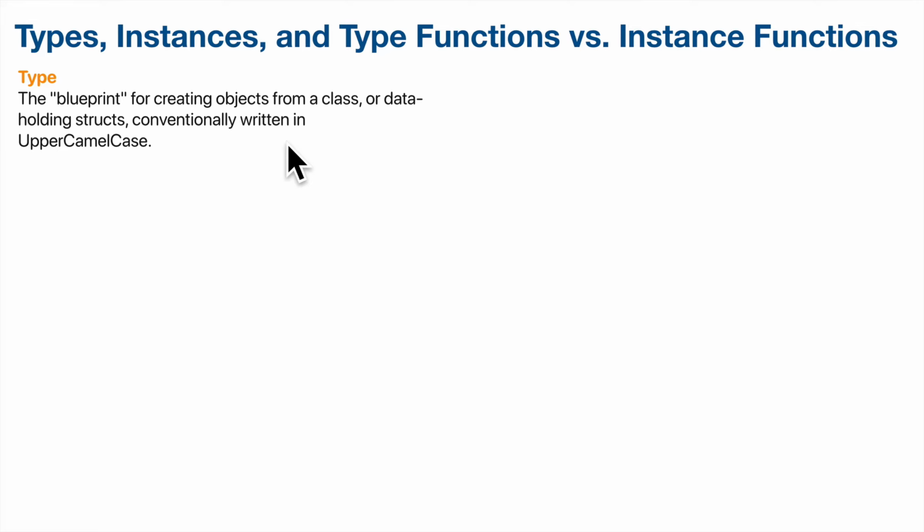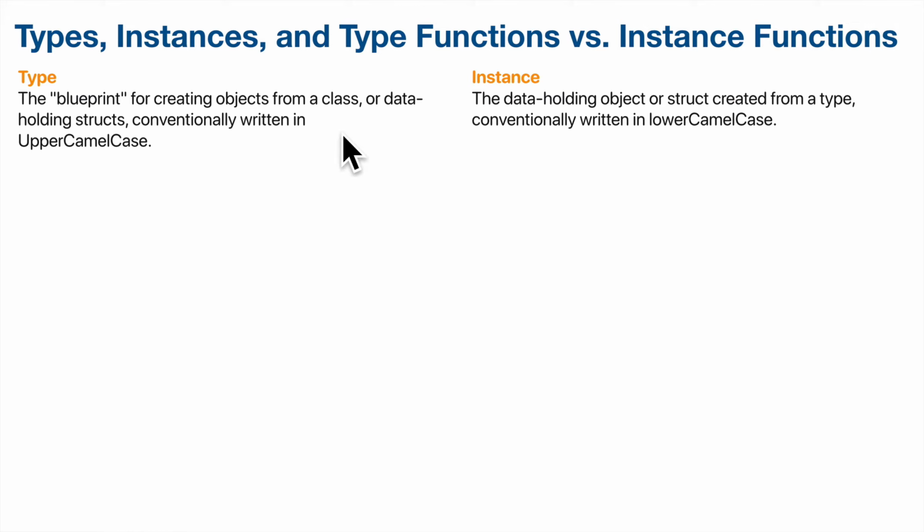When we created a to-do item, we said, hey, a to-do item is going to have a name, notes, reminder, and other properties. Now, an instance is the data holding object that's created from the type or the blueprint. So these are usually variables or constants, and they're written in lower camel case. Now, by the way, blueprint is not an official Swift term, but I think it's a pretty good metaphor. The type is like a blueprint. It's an abstract representation.